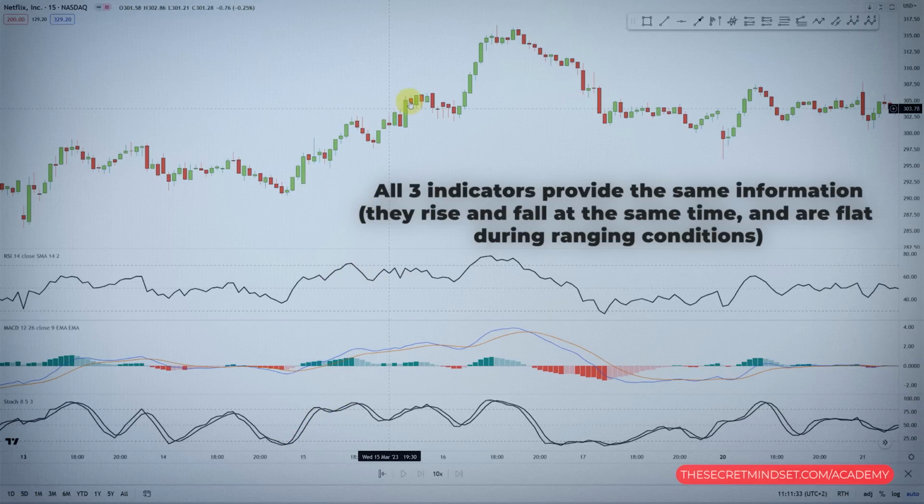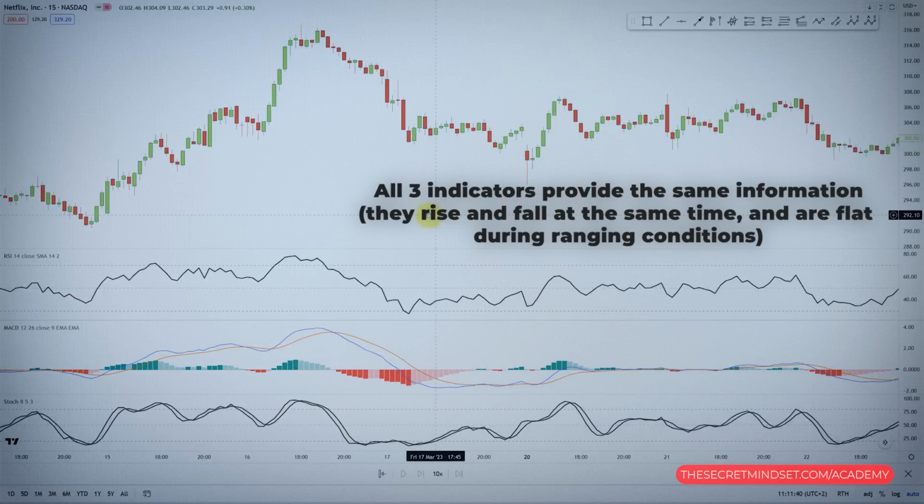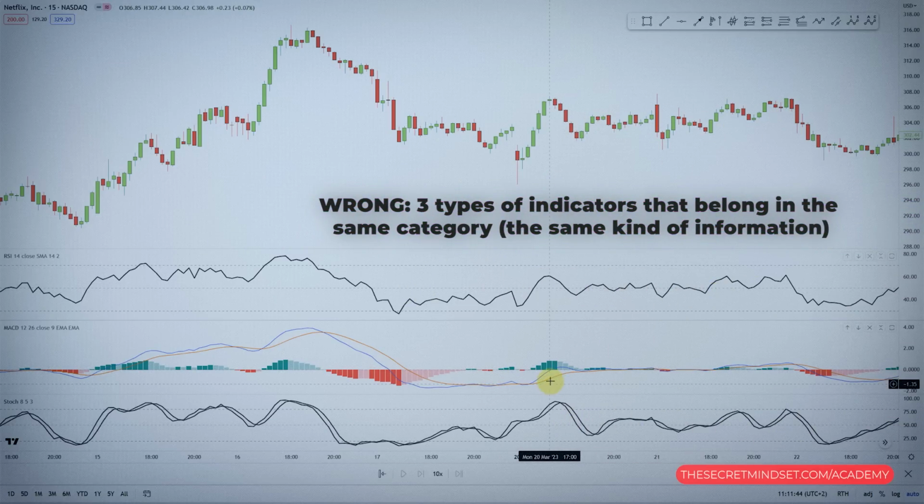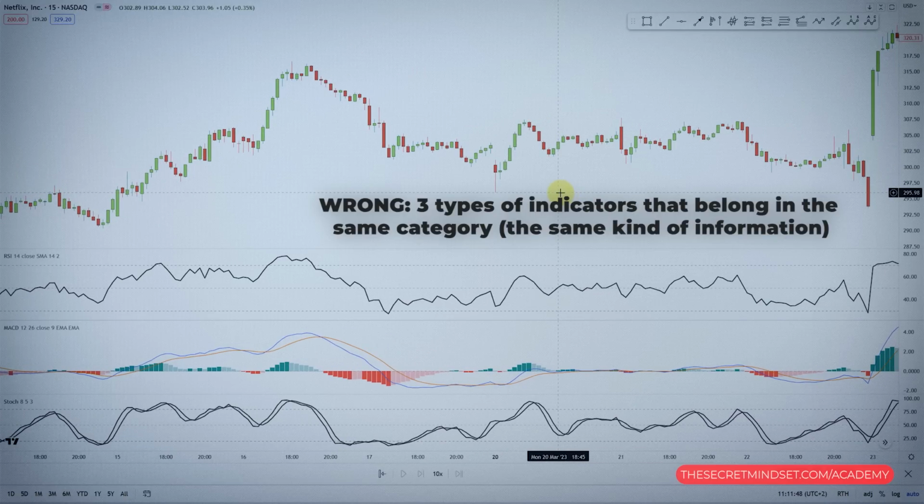You can see that all indicators rise and fall at the same time, turn together, and are also flat during no momentum periods. So if you trade with a multi-indicator strategy that uses the RSI, the MACD, and the Stochastic, you are basically using 3 types of indicators that belong in the same class. These are all momentum indicators that are going to display the same kind of information in one way or the other.